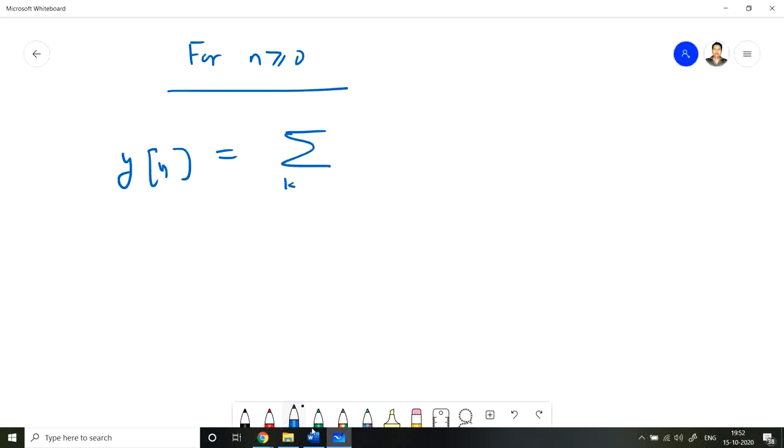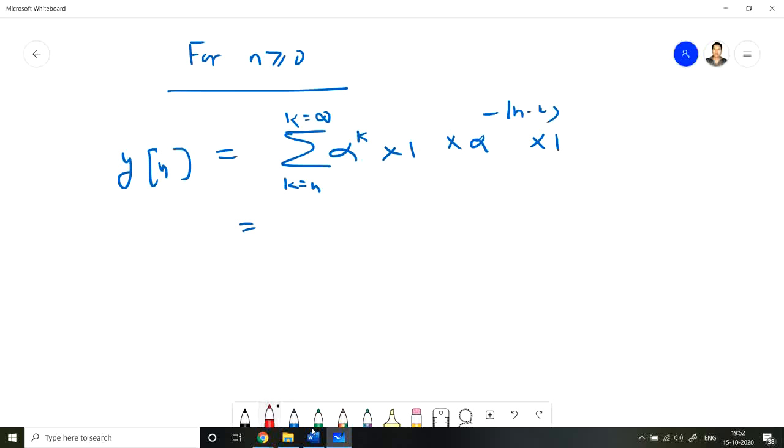So it is the summation k equals n to k equals infinity of alpha raised to the power k into 1, because u[k] is 1 for this region, and alpha raised to the power minus n minus k into 1, because u[n minus k] is also equal to 1 between these values of k.